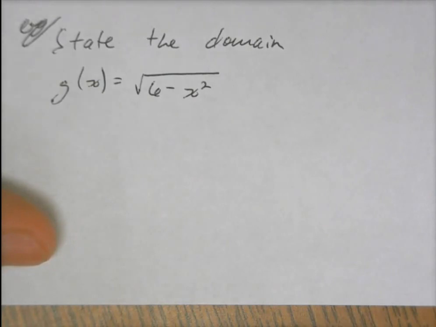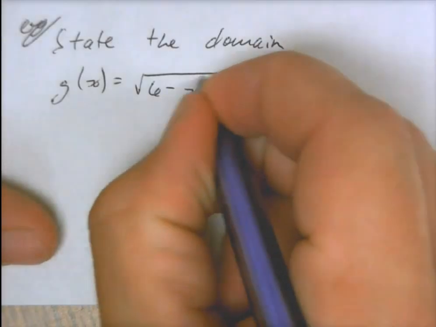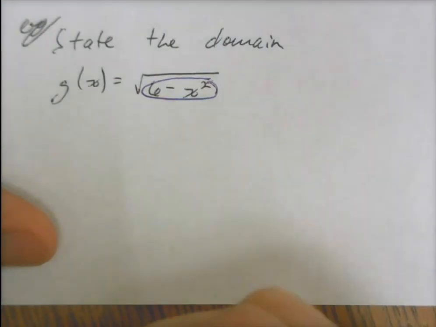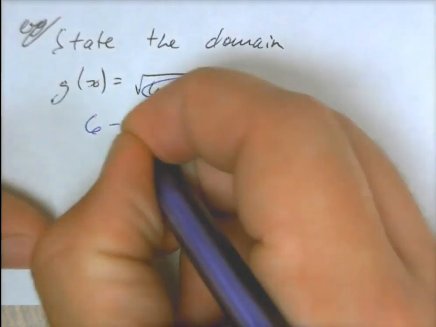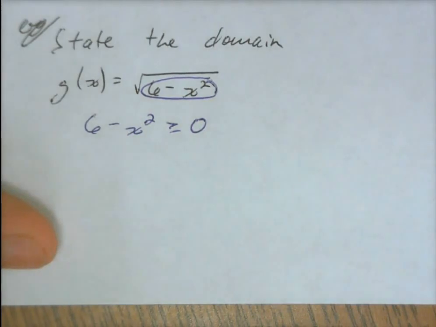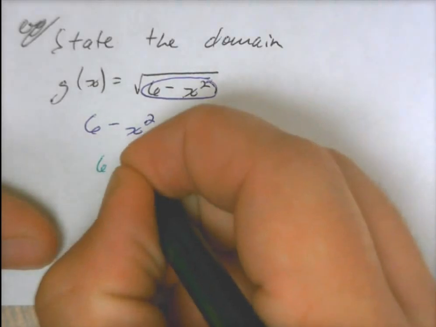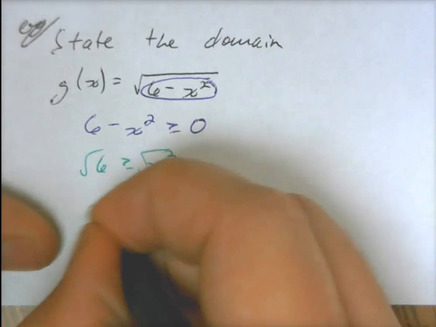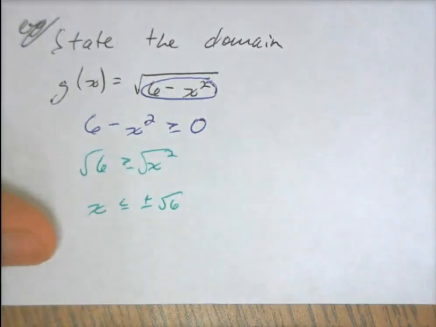In this example, we are talking about the domain of this function. Note that this is a square root, and we do not want anything beside the square root to be 0 or less, well, really less than 0, because then we'll have imaginary numbers. So what I can say is 6 minus x squared has to be greater than or equal to 0, and then just solve this like a regular equation, or really inequality. So 6 is greater than or equal to x squared, and taking the square root, x is less than or equal to plus or minus the square root of 6.